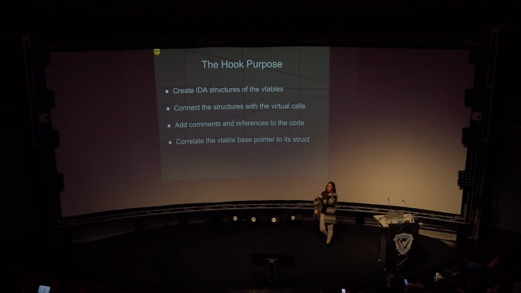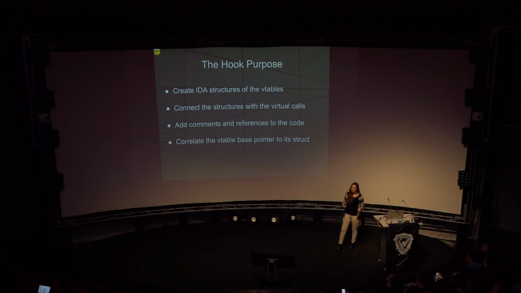So, the hook purpose. Now we have all the tools in order to create the hook, because we have the places with the virtual calls, we have the places with the Vtables assignment. We also have breakpoints, and we also have conditions in Python. So what we want now is to write the hook.